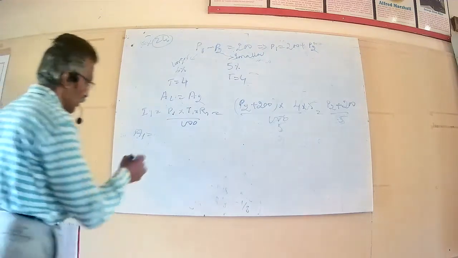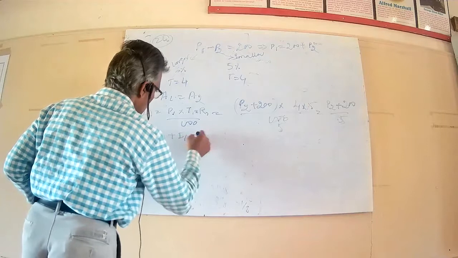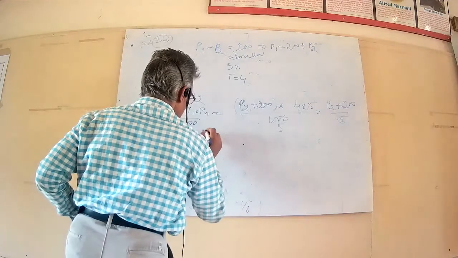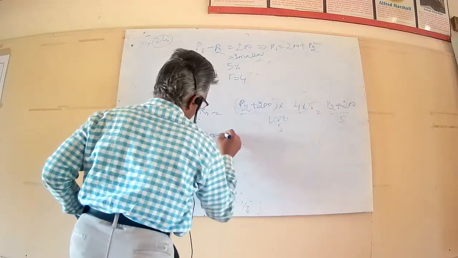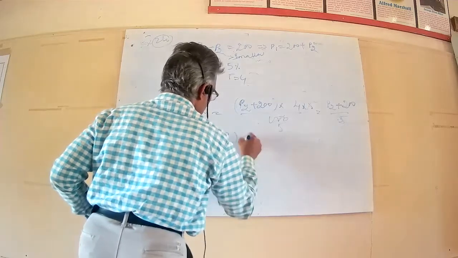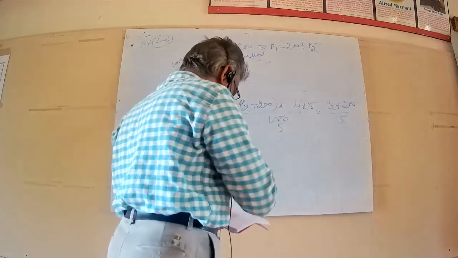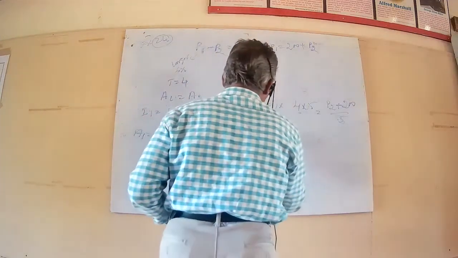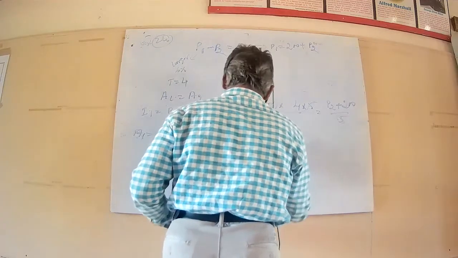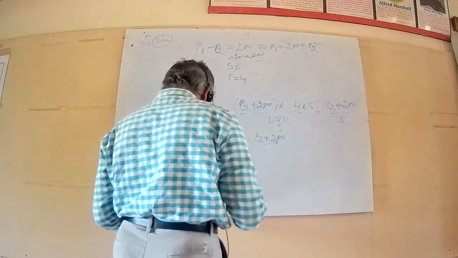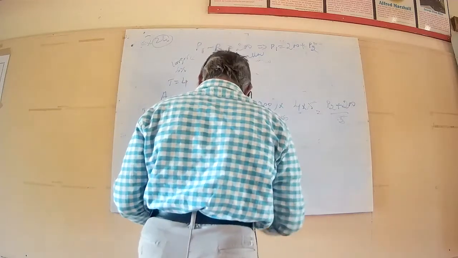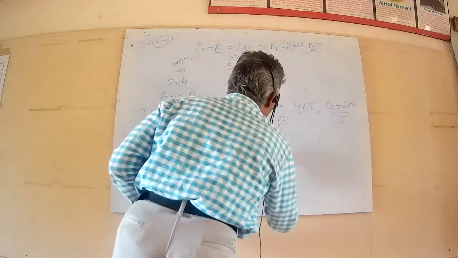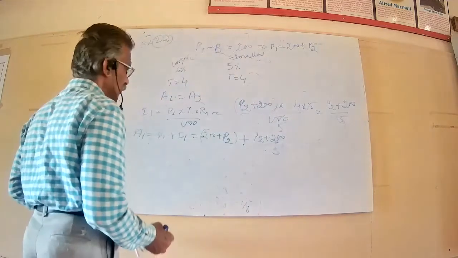A1 equal to P1 plus I1, that is equal to 200 plus P2 plus P2 plus 200 divided by 5. Simplify this.